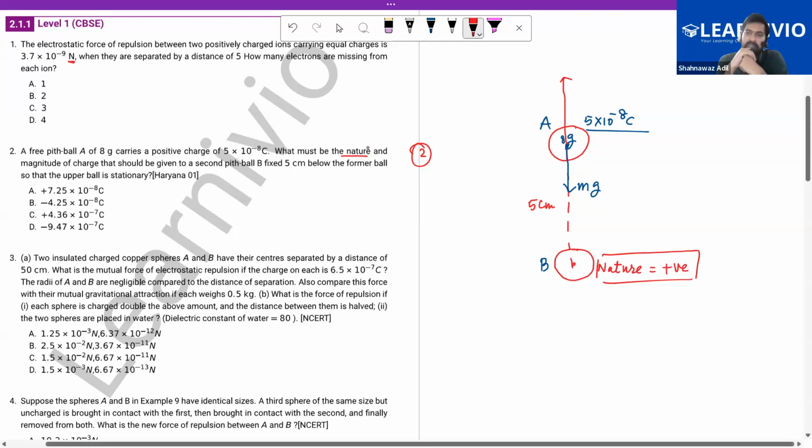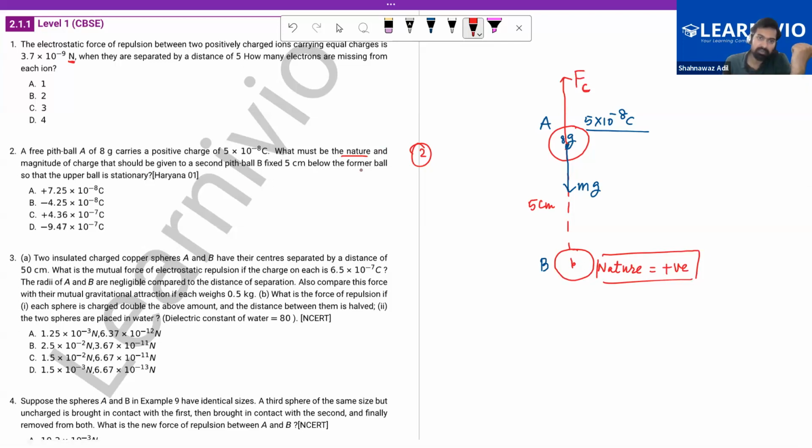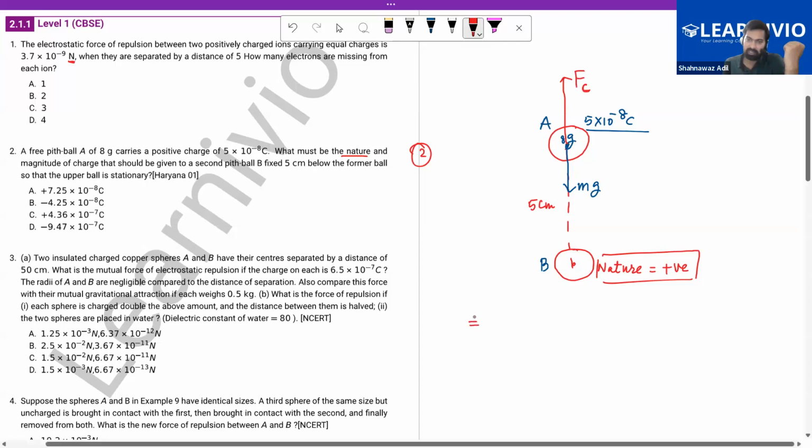Thus the charge would be positive so that the Coulomb force is upwards, right? Now we are fixing this thing in the air, so that means this Fc should be equal to what? This mg. Correct, guys? To fix it in the air.